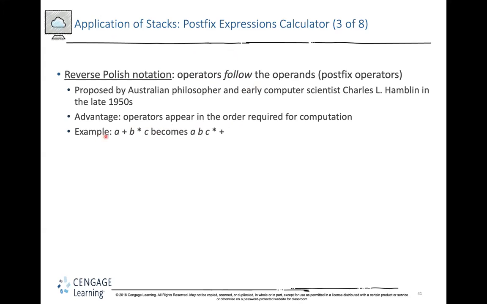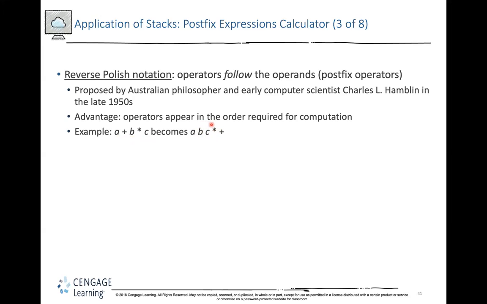Now, let's look at an example. A plus B times C. When we rearrange this in postfix format, it will be A, so essentially you have the operand A, and then you have B and C. You have to multiply B and C first.